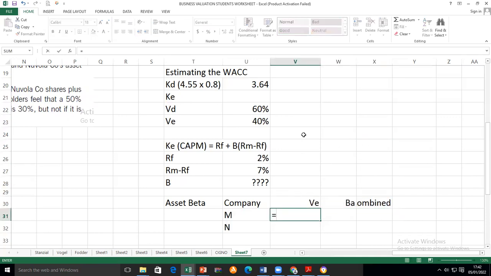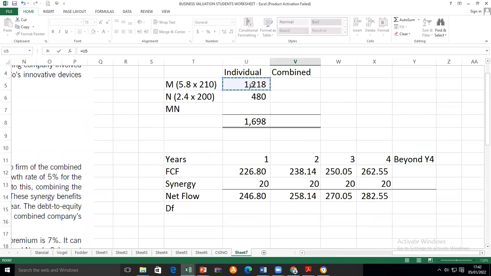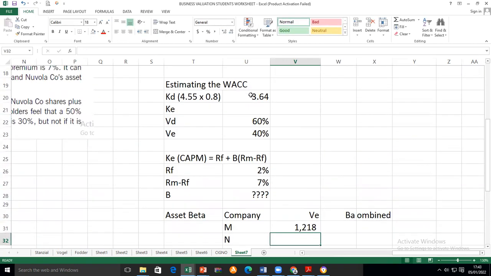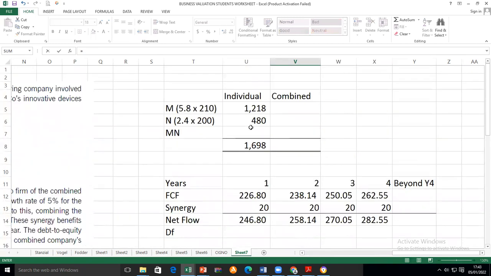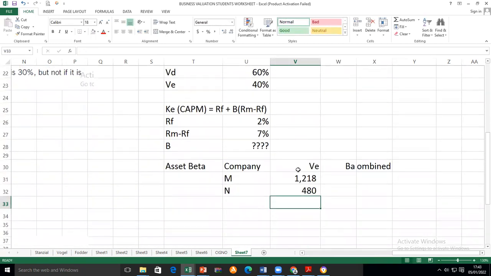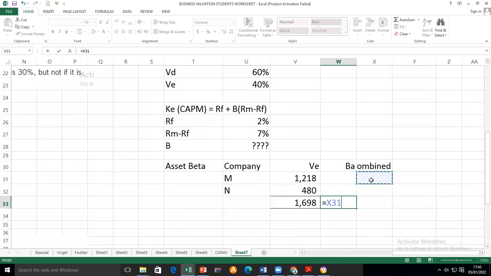What are the market values? You pick them here. That one is there. And that one is there. Now you see some of these things with practice. Once you practice, even in the exam, just go and repeat these things. They combine.